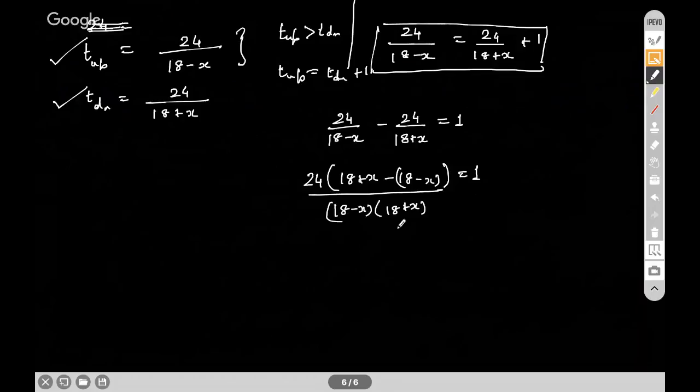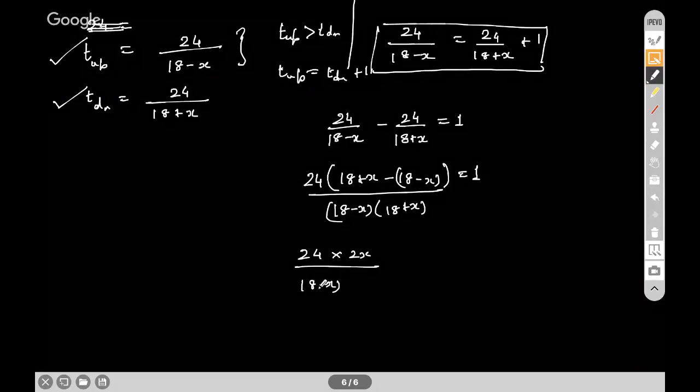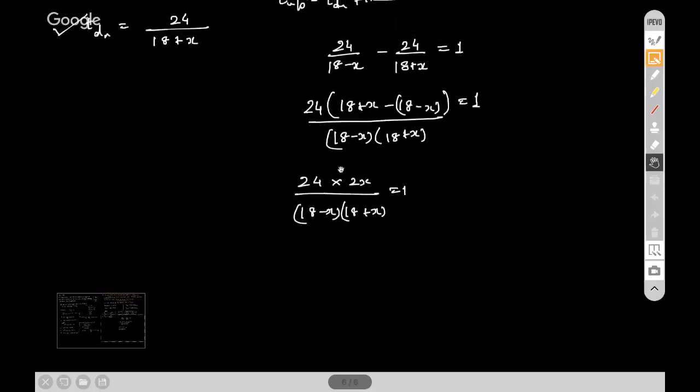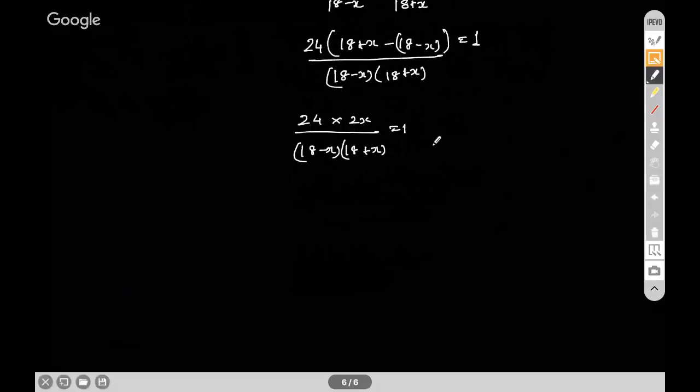Now if you see, 18 minus 18 will get cancelled, it will become 2x, so it is 24 into 2x upon 18 minus x times 18 plus x equals 1. Okay, so the next is to solve this.